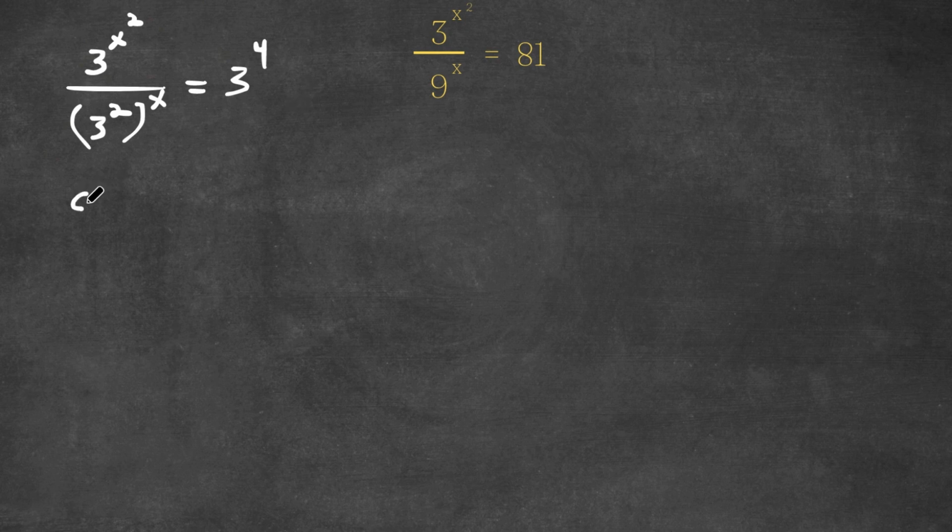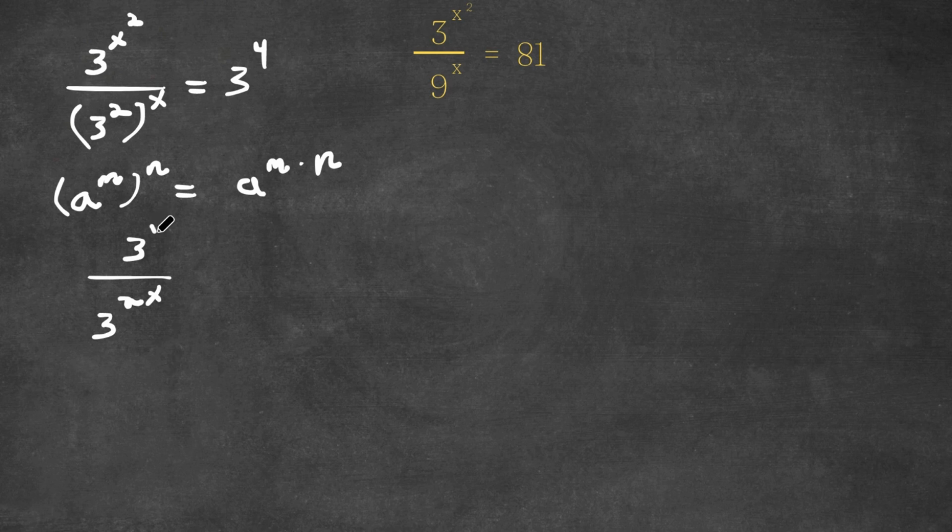Now, if I have something in the form a to the power of m to the power of n, this is the same thing as a to the power of m times n. So 3 to the power of 2 to the power of x is the same thing as 3 to the power of 2 times x, which is simply just 2x. And our numerator is still 3 to the power of x squared, and the right side is 3 to the power of 4.